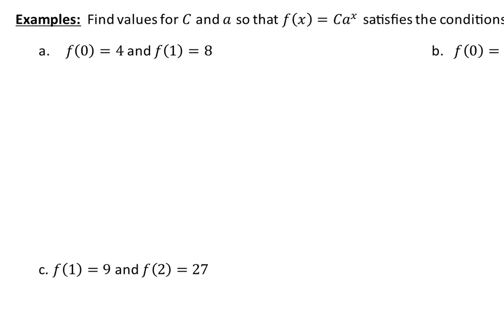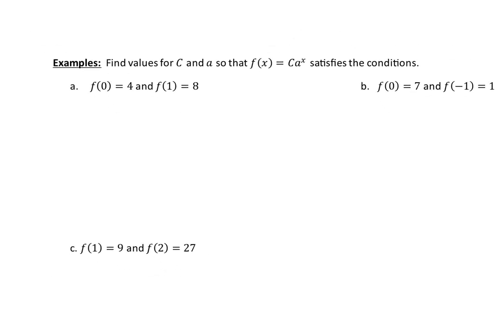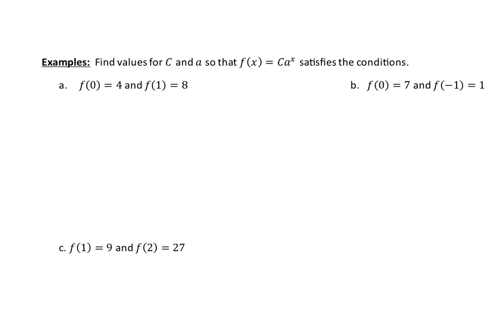So we do want values of C and A in order to come up with our equation. Here, they changed the formula for us. C is going to be our y-intercept, and A is our multiplier. All right, so when we look at the first one, we know what our y-intercept is. It is 4.